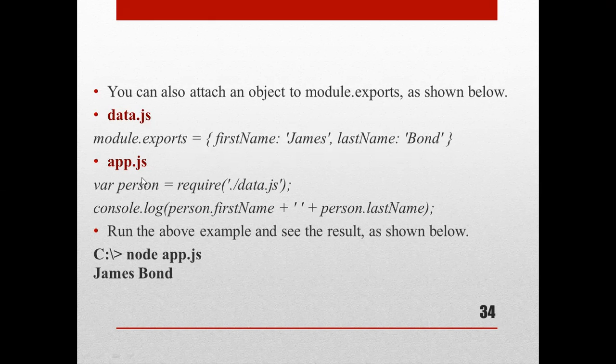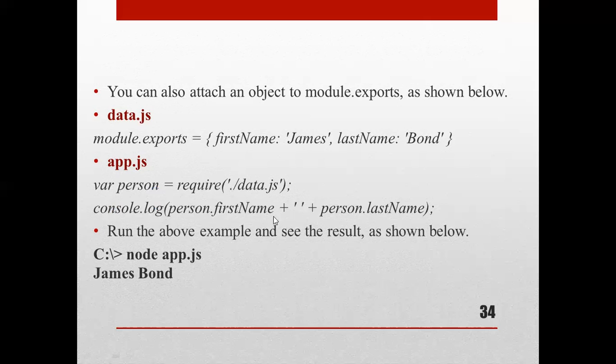The next file is app.js. Now this file contains one variable, person, equals the require function. That means we are going to import that data.js module in our app.js file. Now we are going to print with console.log. What are we going to print using this person object? person.firstName plus a space plus person.lastName, to concatenate the two names.